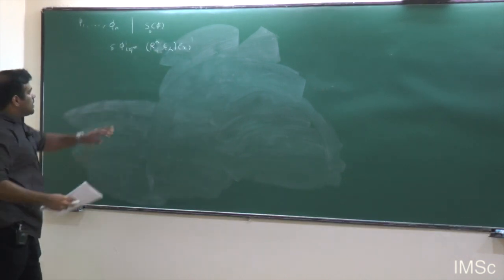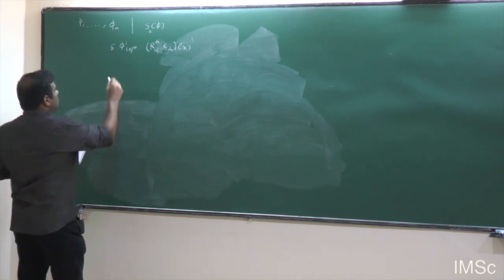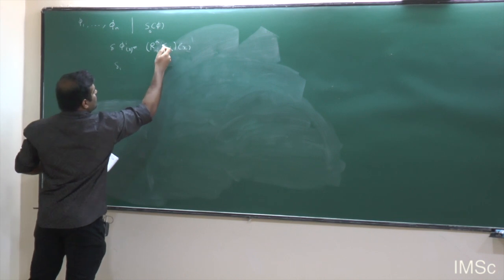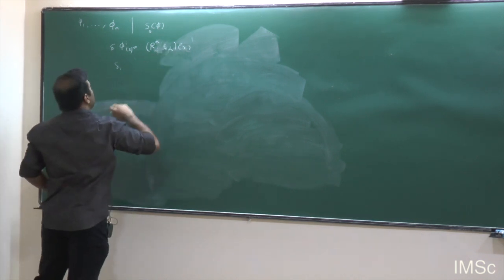So this was the transformation, and then we studied its algebra, and the algebra is given by delta 1, where you assume that the parameter is epsilon 1.